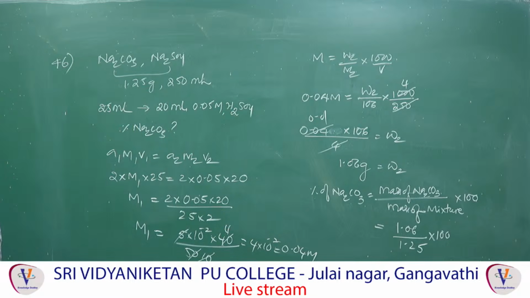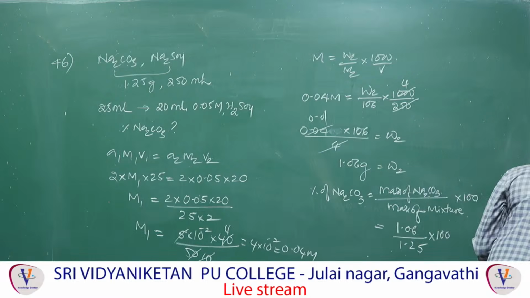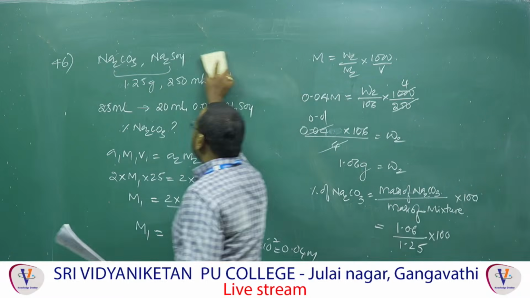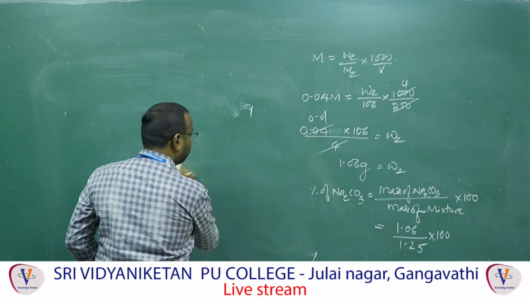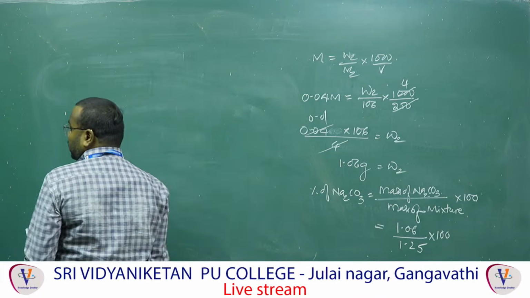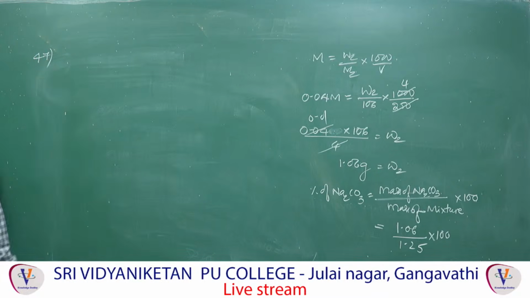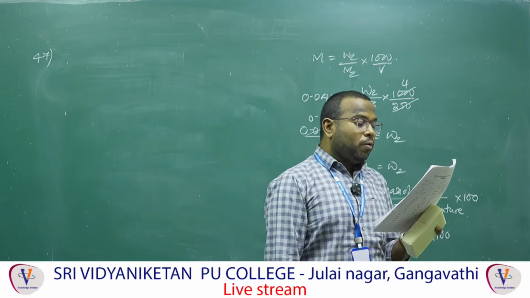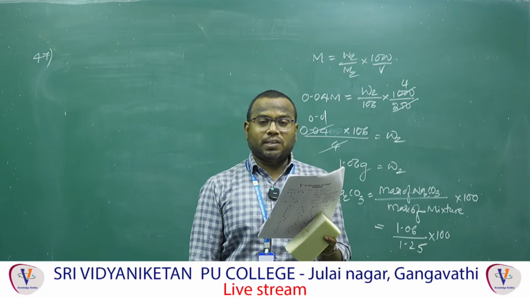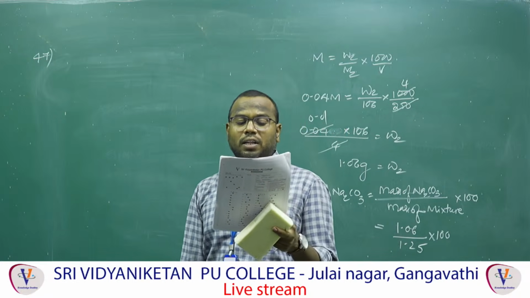So, this is how we should solve it. Let's go to another question, 47. In question 47, statement 1: According to Dobereiner's law of triads, the atomic weight of the middle element is approximately the arithmetic mean of the atomic weights of the other two elements.